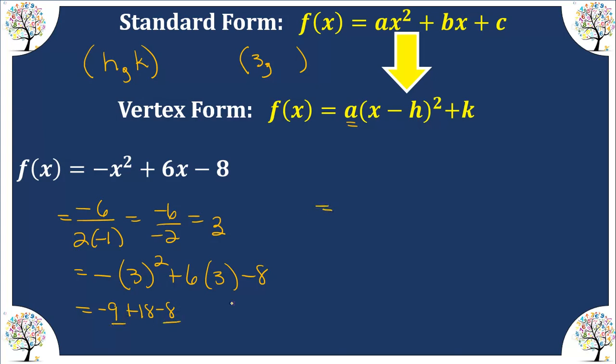The two negative values gives us negative 17 plus 18. This gives us 1. So here we go. F of x equals, our a value is negative because it's negative in standard form. We have x minus 3 quantity squared plus 1.